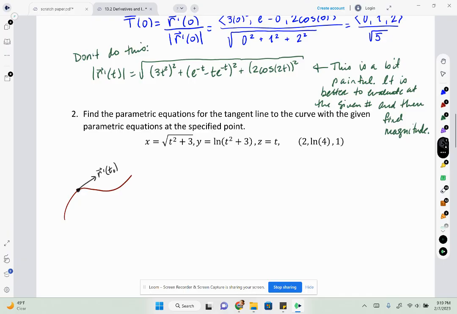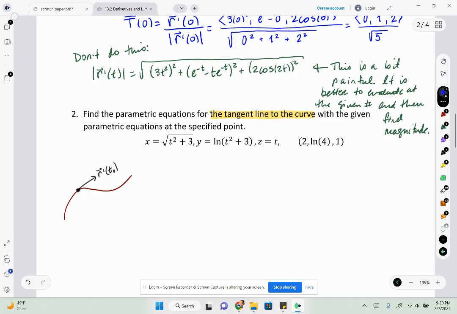We have a vector that is running tangent to our curve, but they're not asking for a vector tangent to the curve. They're asking for the tangent line to the curve. That's a little different.